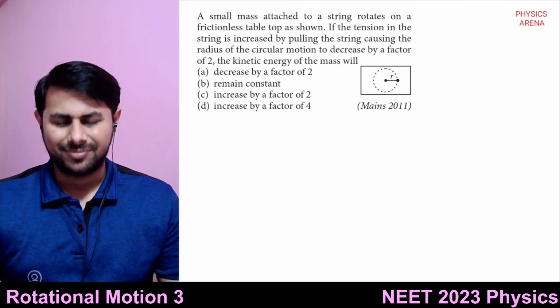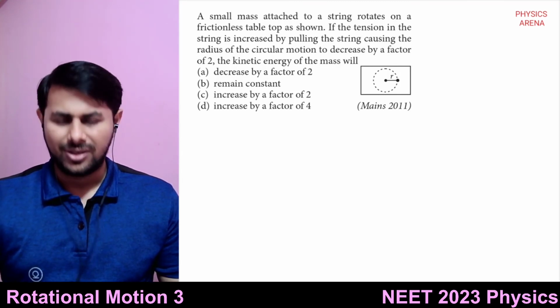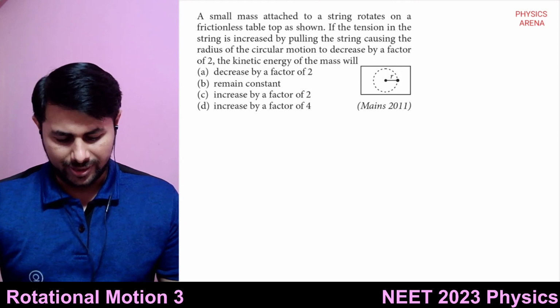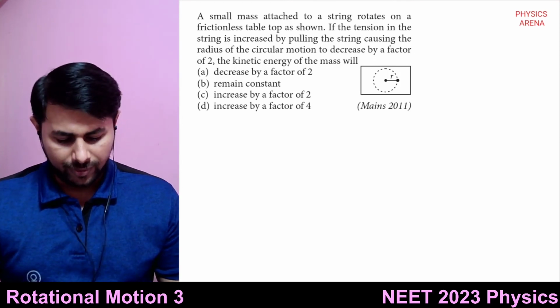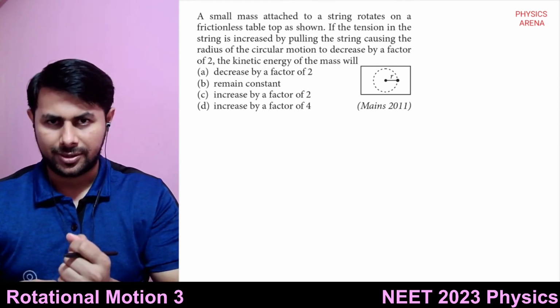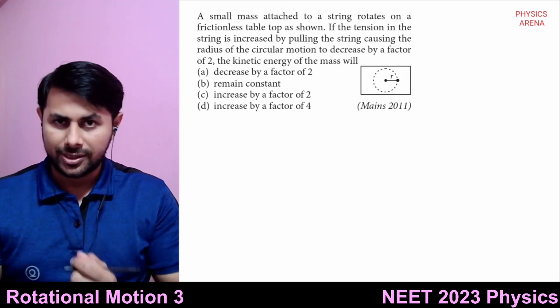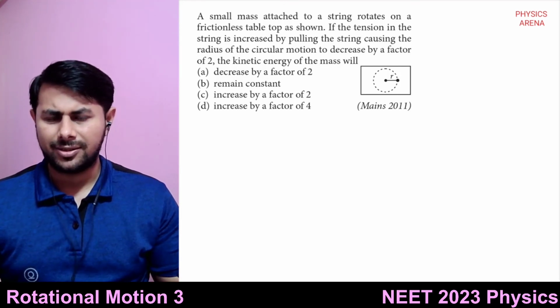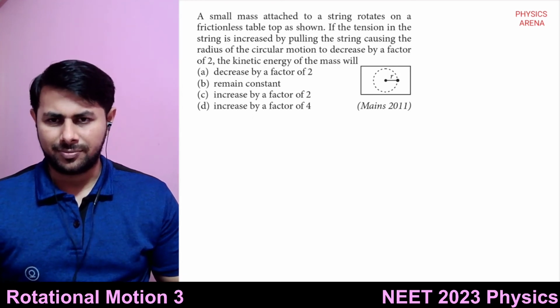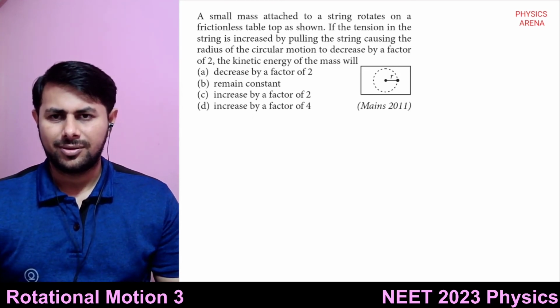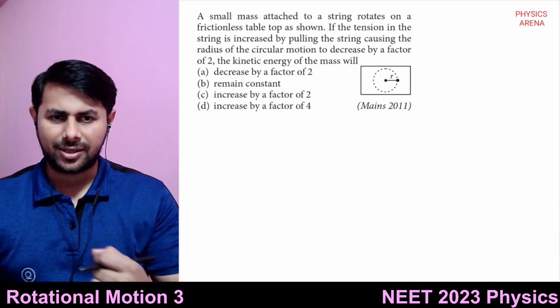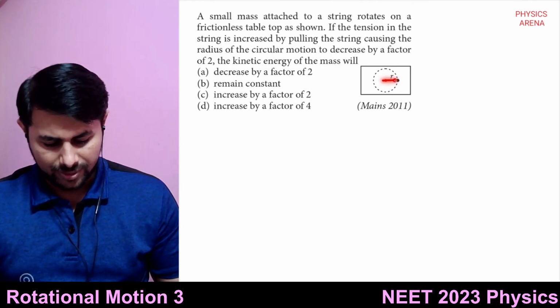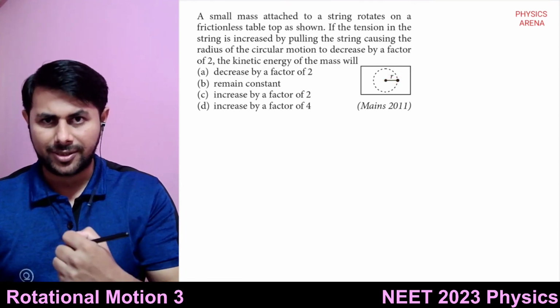See what will happen here. You are pulling the string, right? So this force will be in the direction of the radius. When you pull the string, the force will be in the direction of the radius.